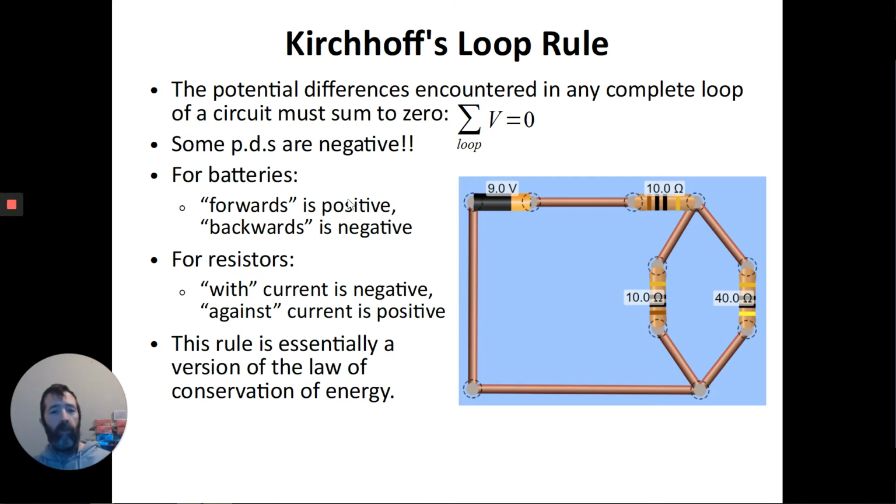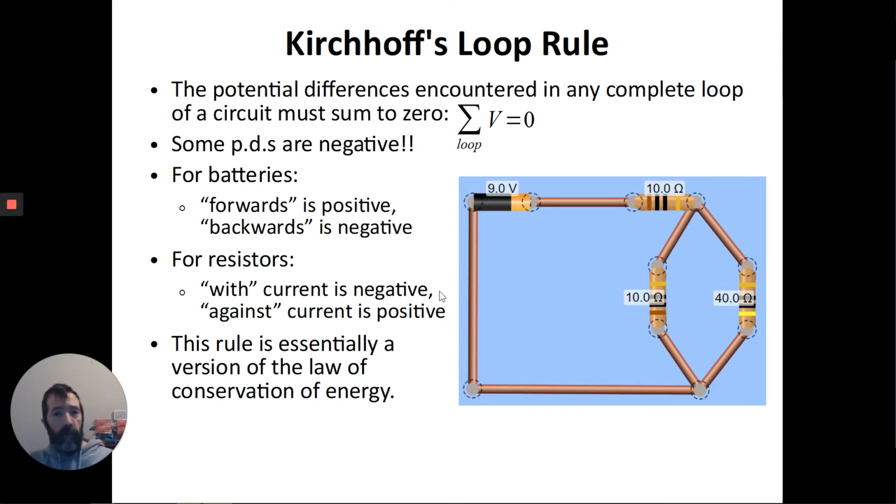So if you go through a battery, I'm saying forwards, quote unquote, forwards here. If you go from the negative end of the battery to the positive end of the battery, its potential difference is going to be positive in that case. That's because the positive end has a higher potential. So if you go that way, your potential is going up. So that's a positive voltage. If you go the other way through the battery as you're tracing your path, then you would have to count its voltage as negative.